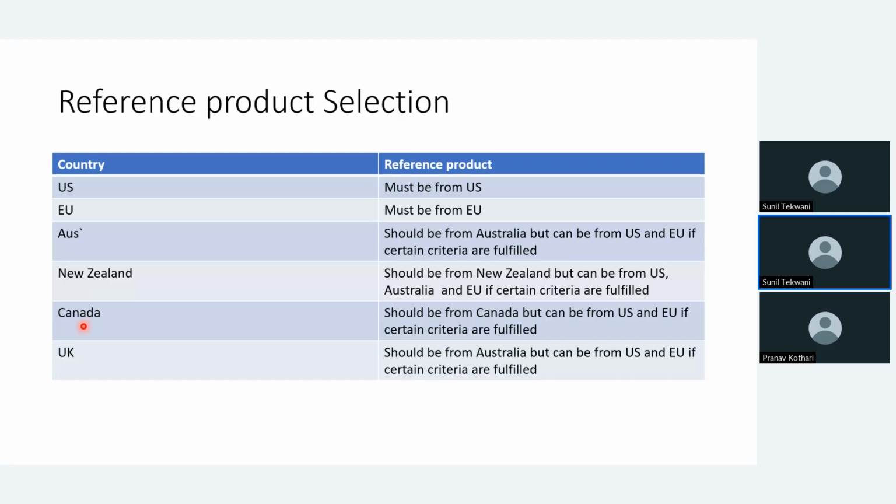In Canada, there is the drug product database. In the drug product database, you have to fulfill certain criteria to understand which one is the reference product. And the UK also has a separate database where reference products are mentioned. So in each individual database, you have to check which is the reference product. Okay, so this is the first criteria of designing a BE study, reference product selection.